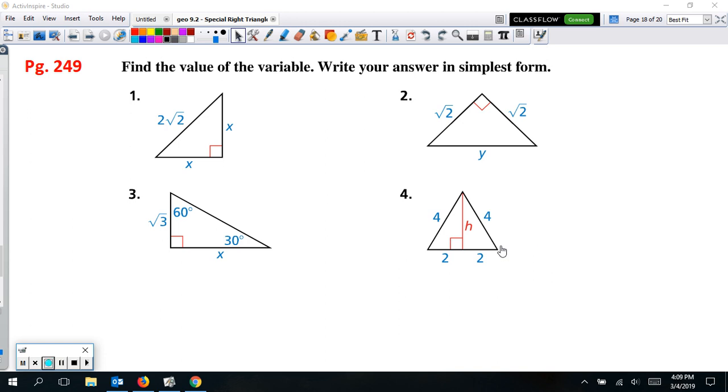Go ahead and stop the video, copy down the shapes where they're supposed to go. These two go in the notes underneath 45, 45, 90, and 3 and 4 underneath the 30, 60, 90. Copy them, figure out the value of the variable, then play the video again, and I'll show you your answers.